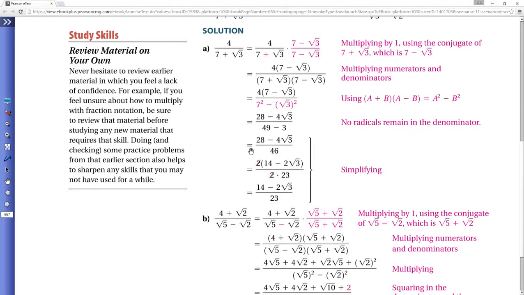Now I'm not done because there is a common factor. When I see this, this is even and this is even, right? So 2 could be a common factor. And that's what they do. They say, hey, I have at least 2 as a common factor. So they factor 2 out of this, and I get 2 times the quantity 14 minus 2 square roots of 3. And 46 would be 2 times 23.